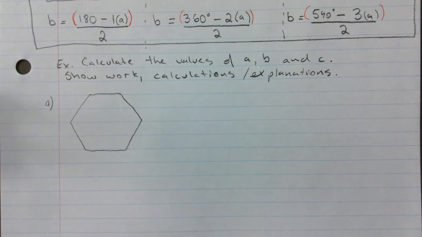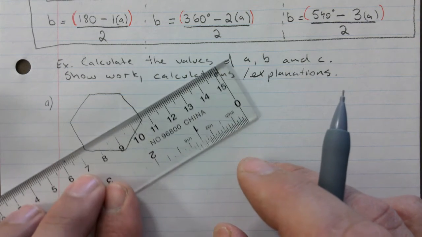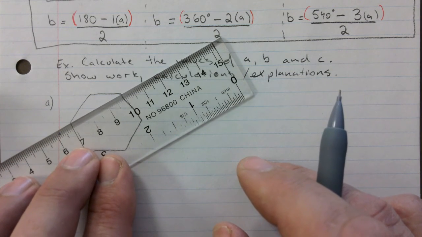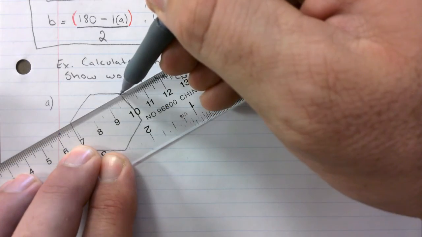Okay, and we will draw a diagonal like this. Draw this in there.